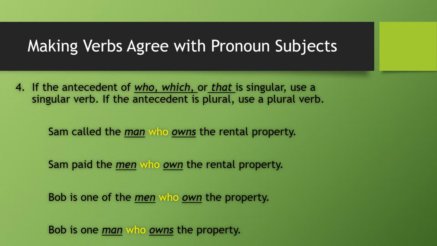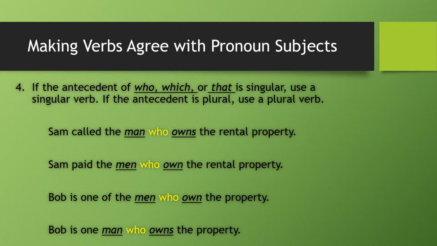In the third sentence, Bob is one of the men who own the property. So again, we have who, and the antecedent to it is the plural men. So we have the plural verb own. But in the last sentence, Bob is one man who owns the property.